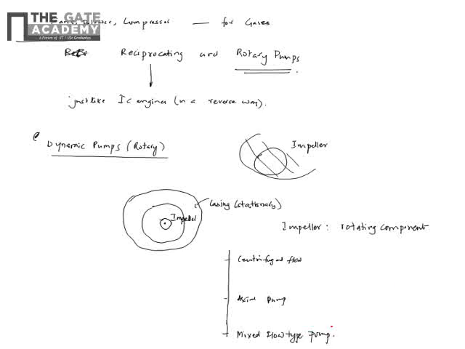In the centrifugal pump, the fluid enters at the inner diameter and goes out at the outer diameter. So the fluid enters axially along the shaft, parallel to the shaft axis, and discharges radially outwards or tangentially along the outer radius.